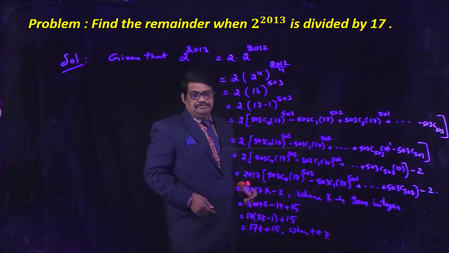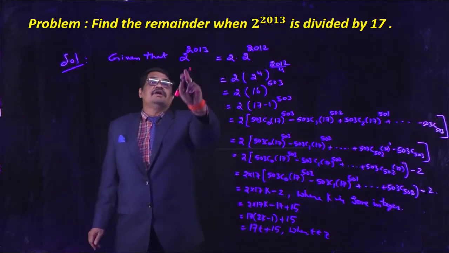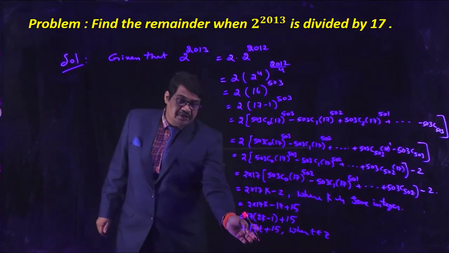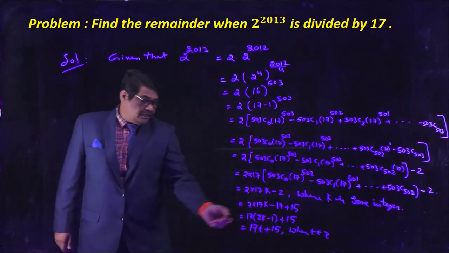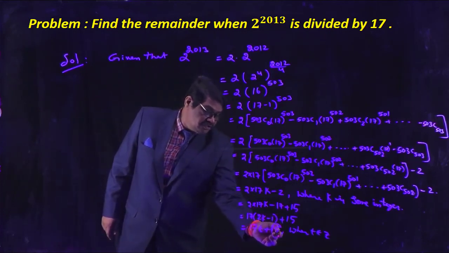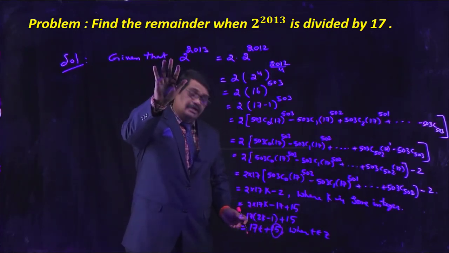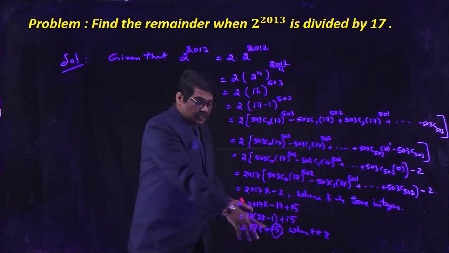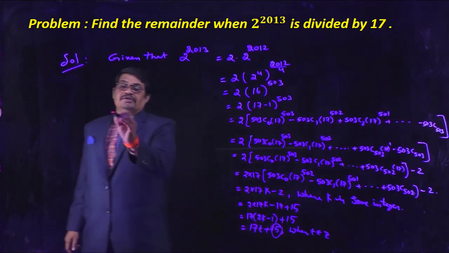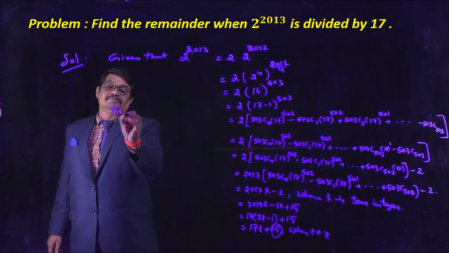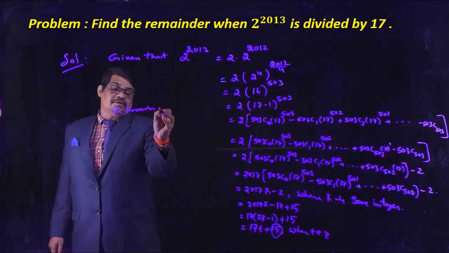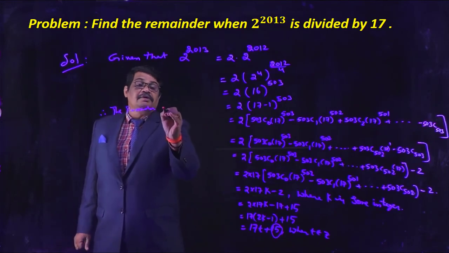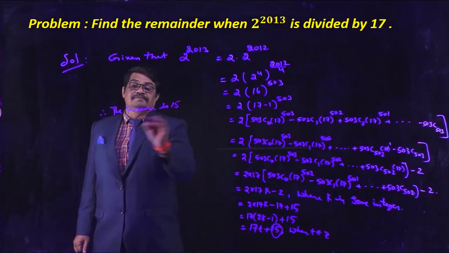So what is the remainder? This number is written as 17 into some integer plus 15, therefore the remainder is 15. When the number is divided by 17, the remainder is 15.